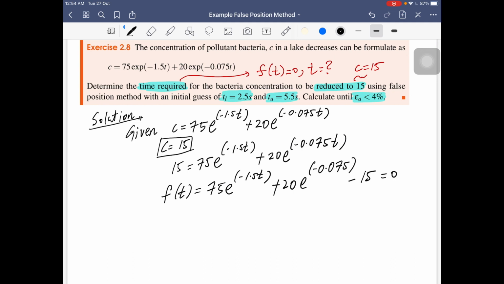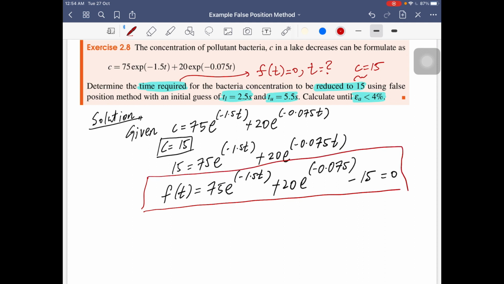So now we have this as our function F(t) in order to estimate the time required for the bacterial concentration to be reduced to 15.